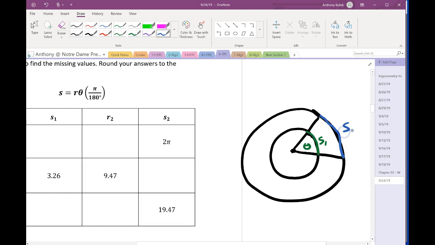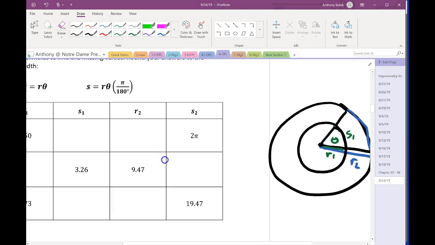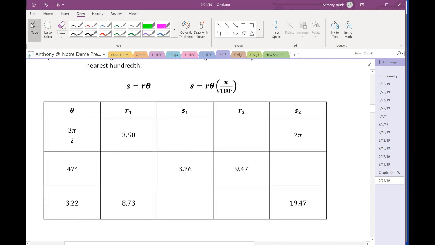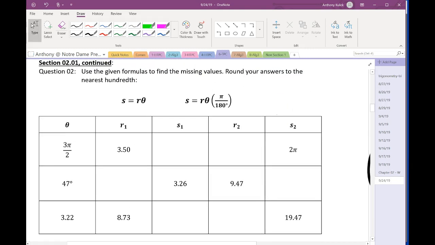This arc length here is S2. This radius here is R1. And this radius here is R2. So I can just use the formulas I'm given to solve these appropriately.